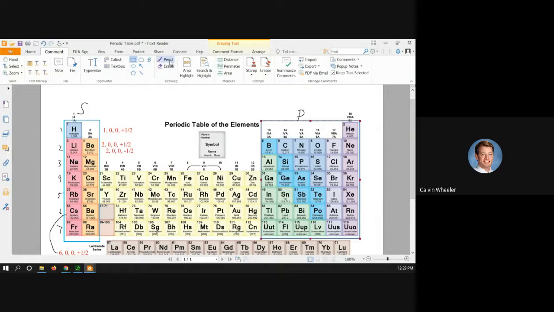By the way, helium goes right there for the purposes of this lesson. On the actual periodic table, we do not put it over there, because its reactivity is most similar to neon, argon, krypton, xenon, and radon. Helium, for the purposes of electron configurations, is in the S block.